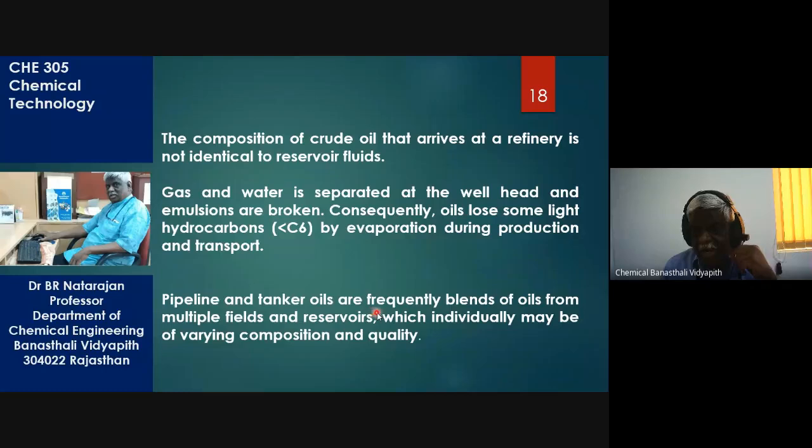And pipelines and tankers are actually bringing blends of oil from multiple fields and reservoirs, which individually may be of varying composition and quality. So the tanker is actually having oil from multiple wells, so the composition may not be equal to the composition from any particular well, right?